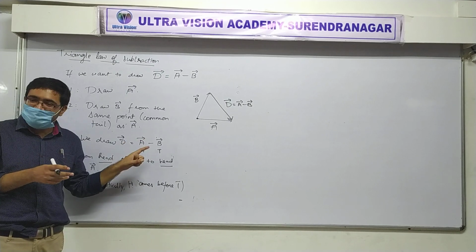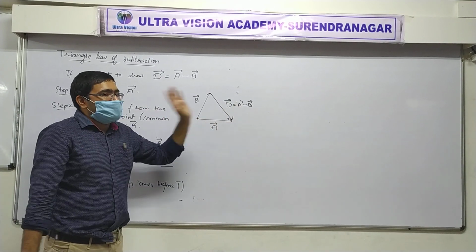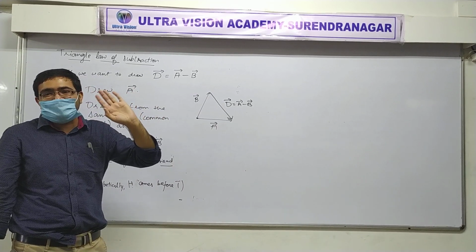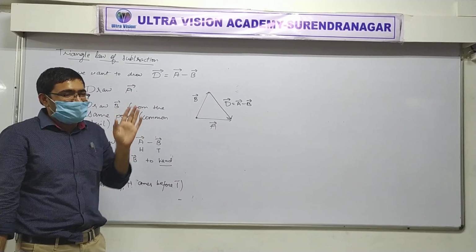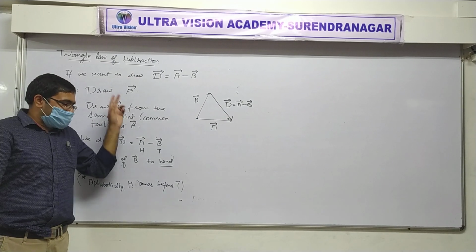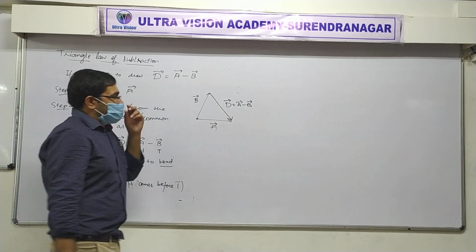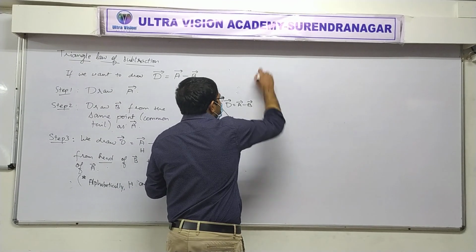Did you get that? Yes. Okay. So this is D vector which is A vector minus B vector. Practice will be needed. This is the most common point of confusion. Right? Have the steps been written? Okay. Now before explaining why it is like this, let us practice.